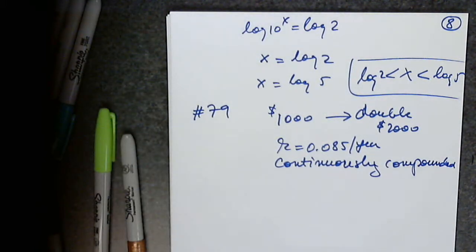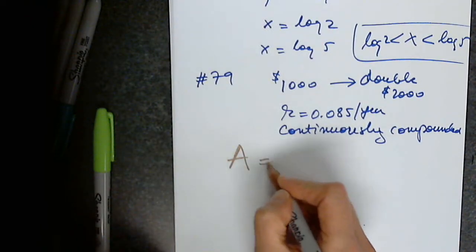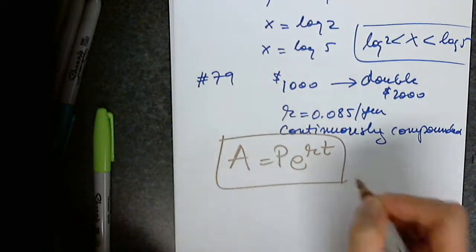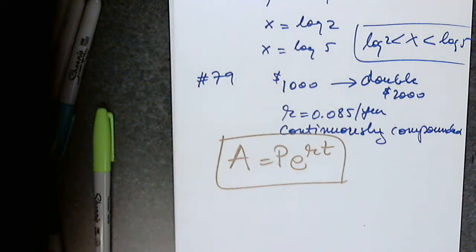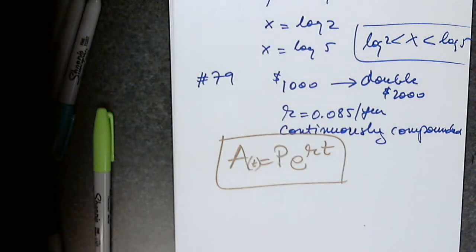So if you remember the formula for continuous compound interest, A equals P times e to the rt. The accumulated value, to be exact, should be written this way, to indicate that P is the principal, e is the number, r is the interest rate, t is the variable in the problem.